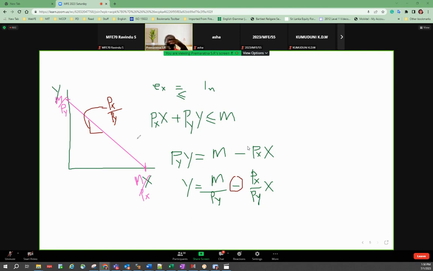Now, in the previous example, the money income is 100.